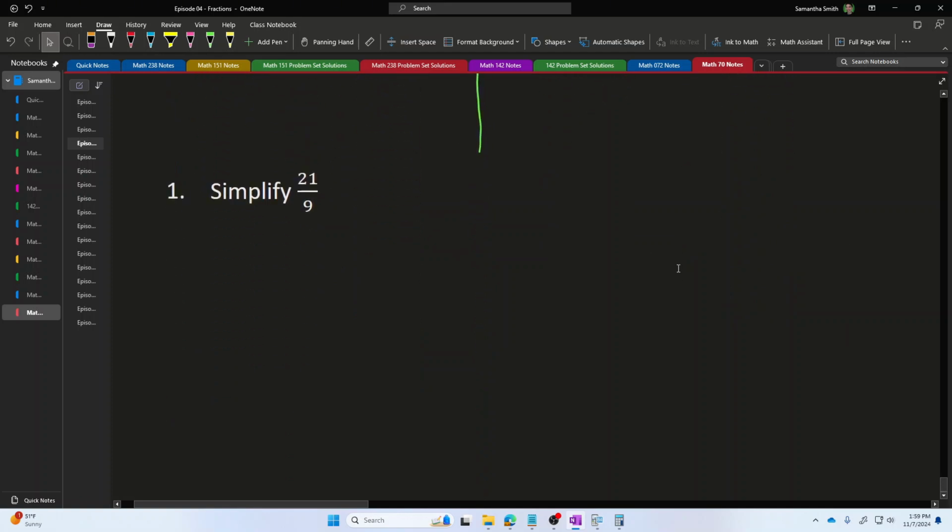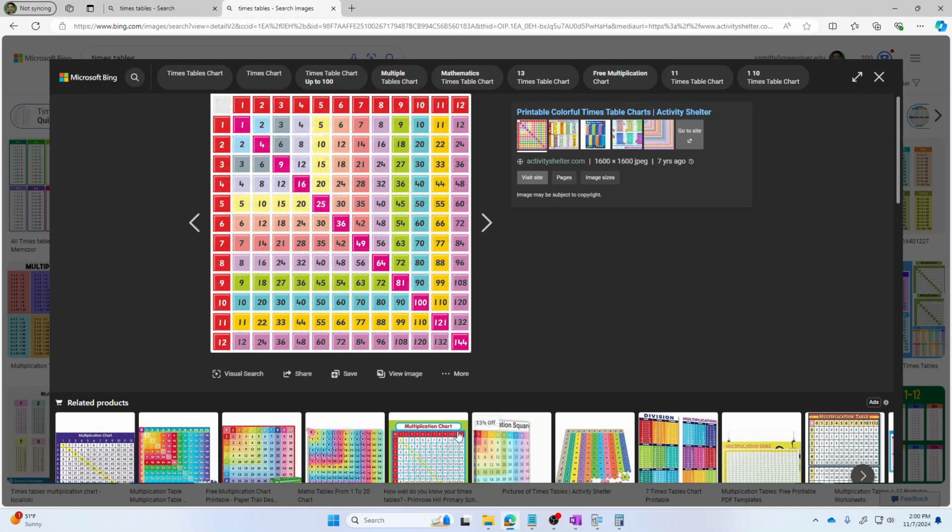One final example. Someone says, I have 21 out of 9. Let's simplify this fraction. To simplify 21 over 9, I can, for example, go to the times table and look for a row that contains both 9 and 21. And I think I see it right here. The row labeled 3 contains both 9 and 21.